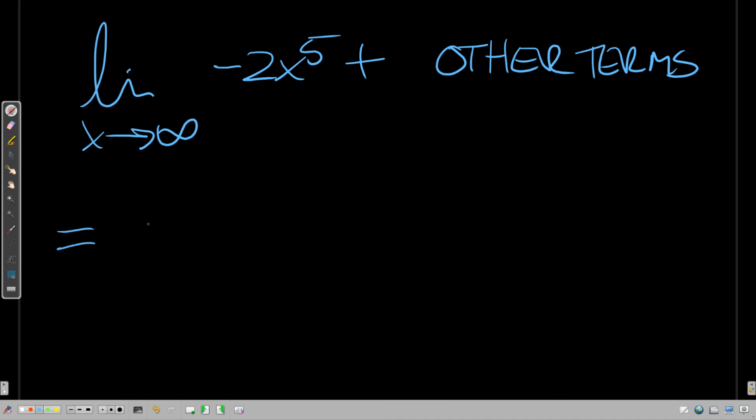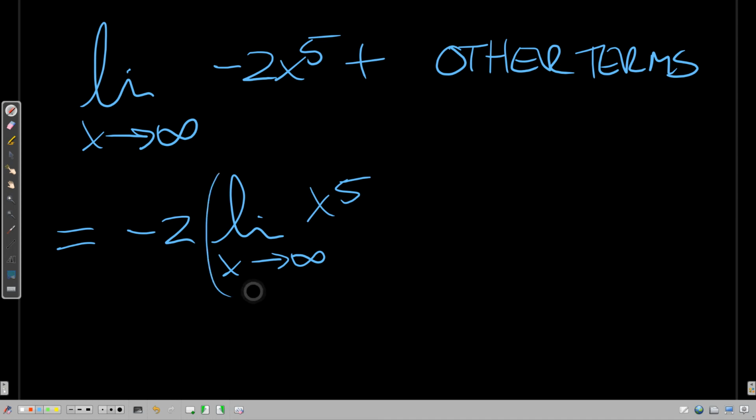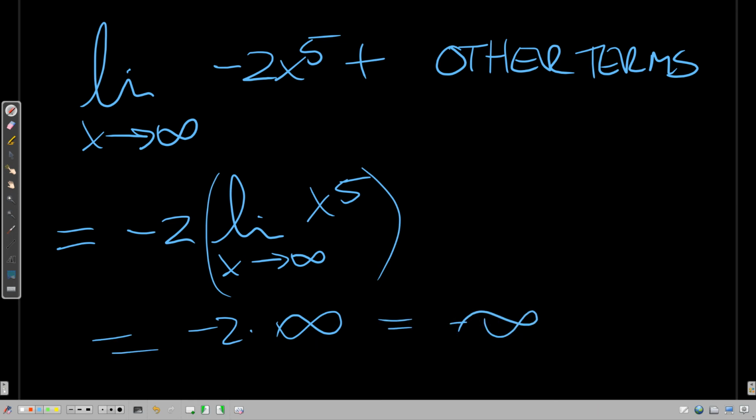So I would say minus 2 times the limit as x goes to infinity of x to the 5th. Super. The thing in parentheses is going to be infinity, and then times a minus 2 makes it minus infinity.